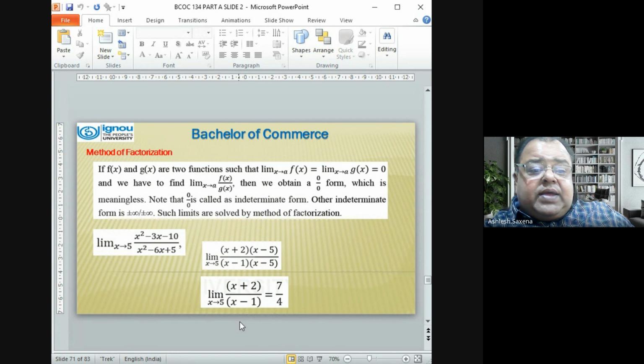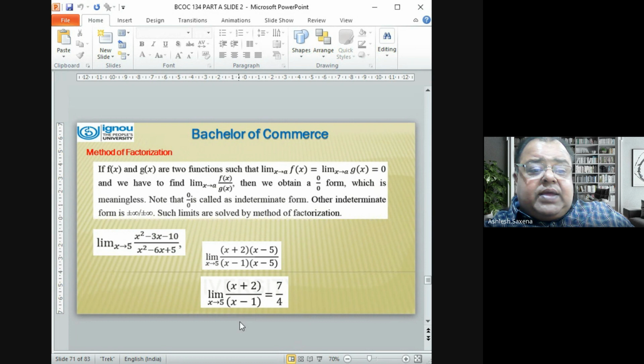Now, what the theory says: if f(x) and g(x) are two functions such that limit x tends to a f(x) is equal to limit x tends to a g(x), which is equal to 0, and we have to find limit x tends to a f(x) upon g(x), then we obtain a 0 by 0 form, that is meaningless.